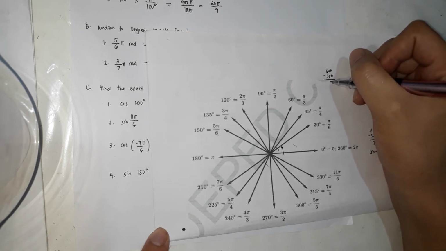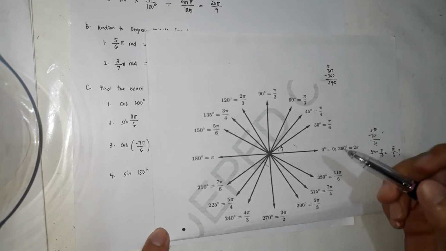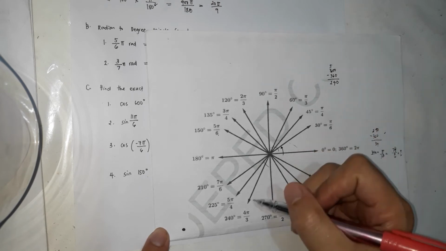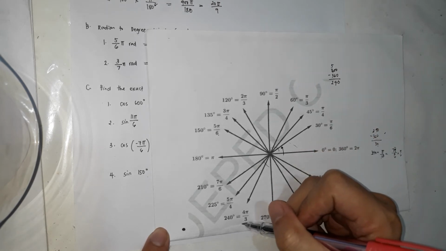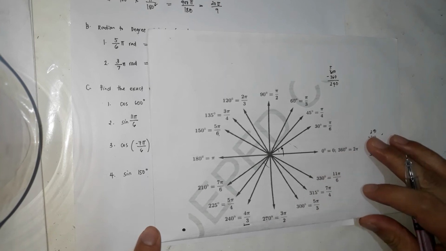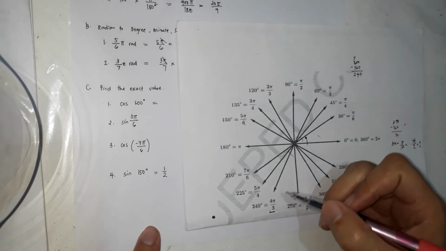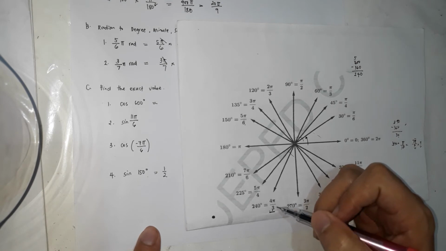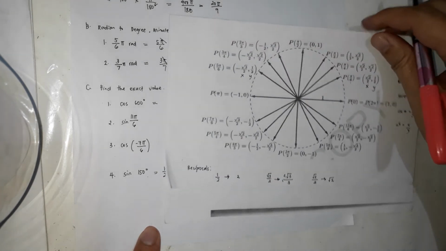So this would become 240. So it's the same as 240. And 240 in this one is 4 pi over 3. So 600 is the same as that, 4 pi over 3.